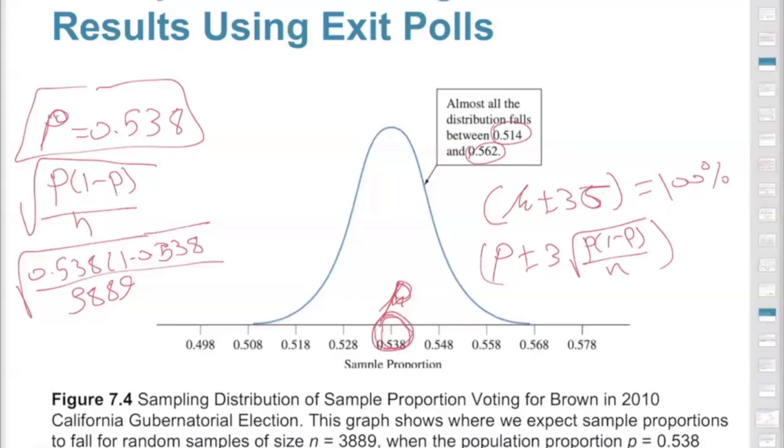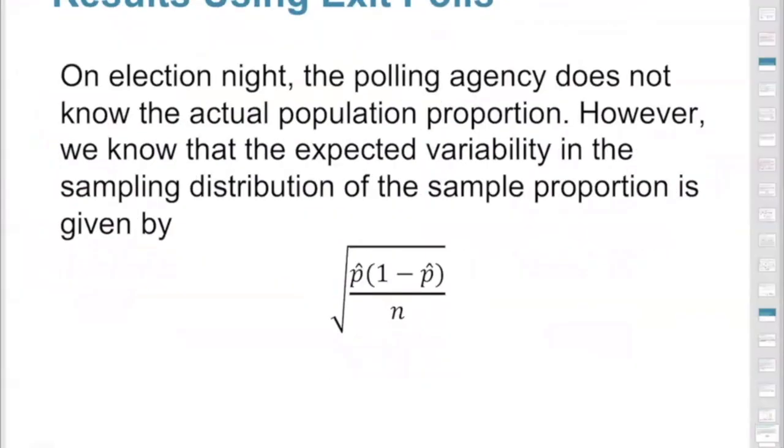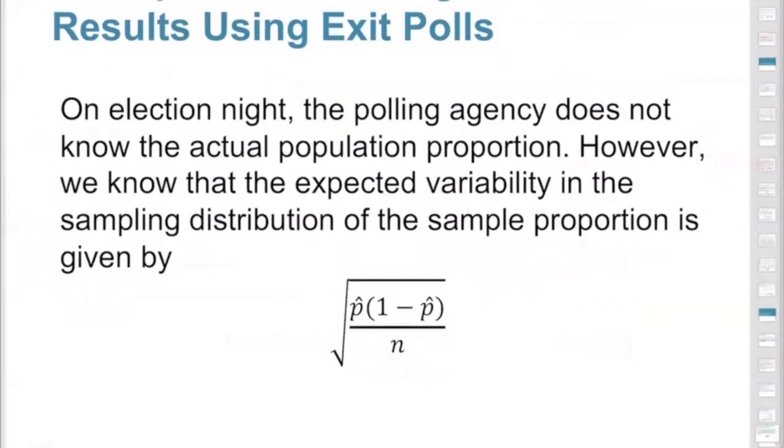Of course, all this if we know the population proportion, but in practice, of course, we don't know it. Okay, we don't know it. So in this case, because you don't know P, the population proportion, you have to estimate it from the sample.